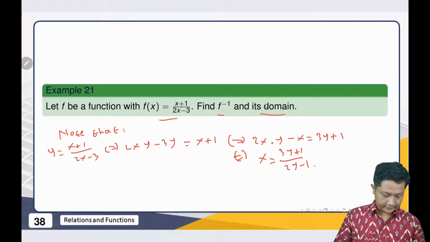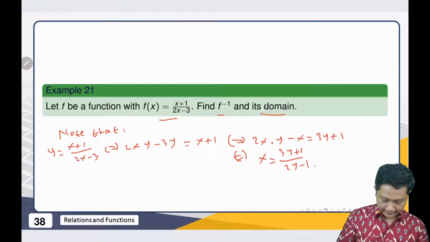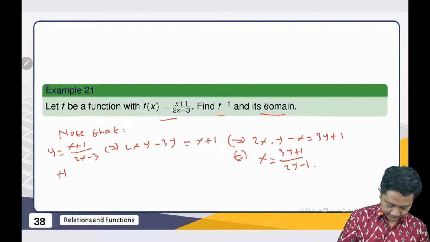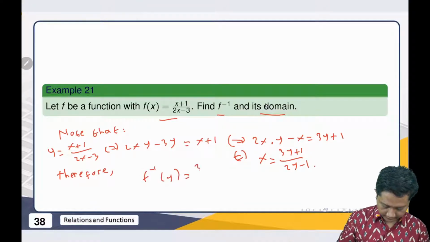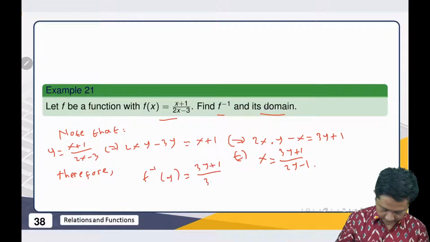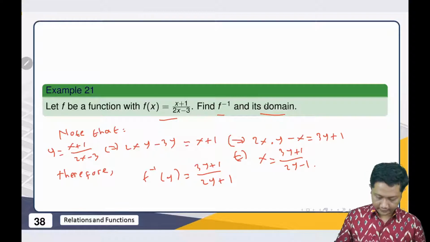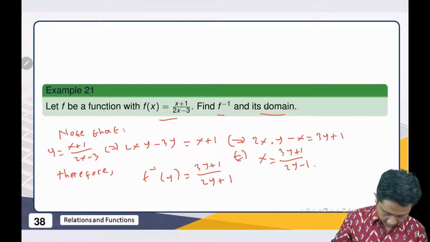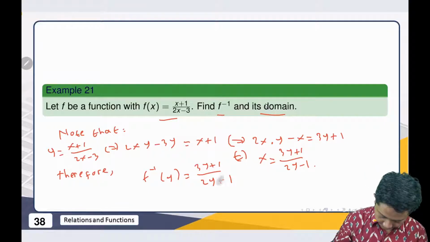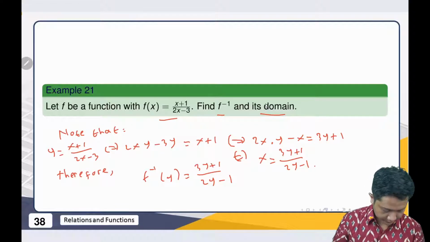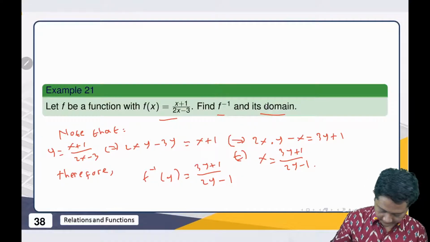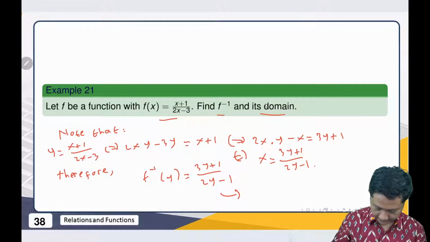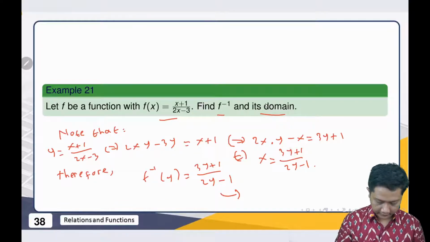So hopefully this one is clear enough. Therefore, we have f inverse of y equal to (3y+1)/(2y-1). And what is the domain of this? So this one also we can change our y to x.